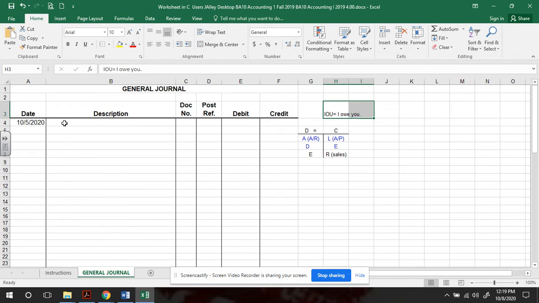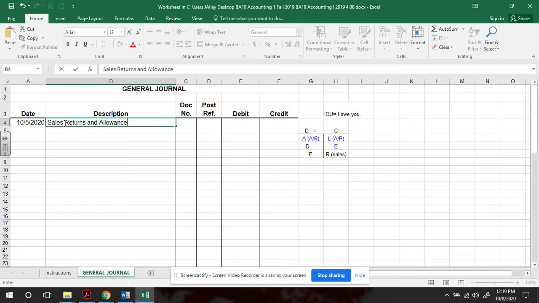So on the 5th, we have to use sales returns, sorry. Sales returns and allowances is the name of the account that we have to put any returns from customers when customers return things to us that they have purchased from us.